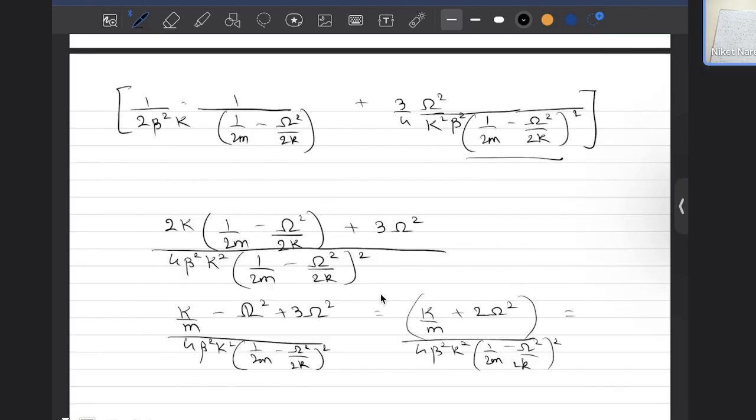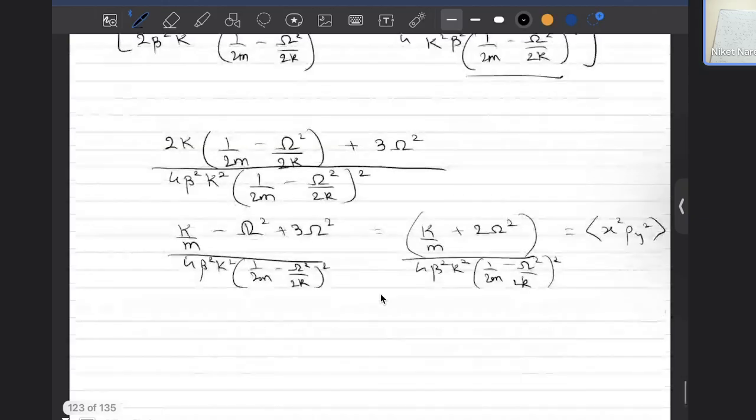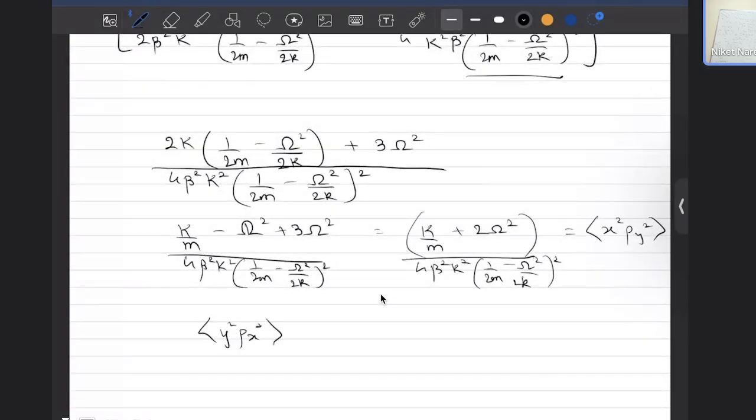So this is just the average of x square py square. But because of symmetry, you can say that y square px square will also be exactly this. So adding that, I can just make this 2 times. So the average of x square py square plus y square px square is just 2 times this entire value.